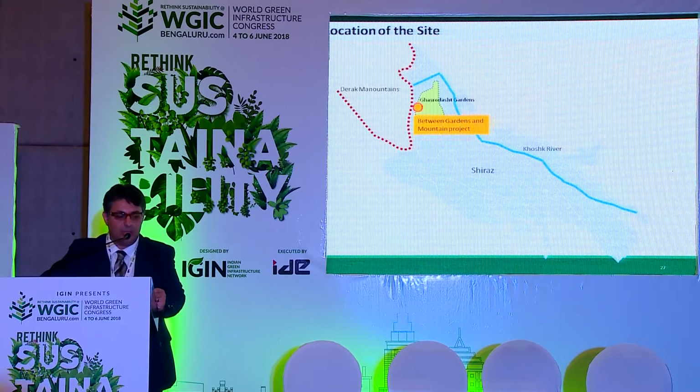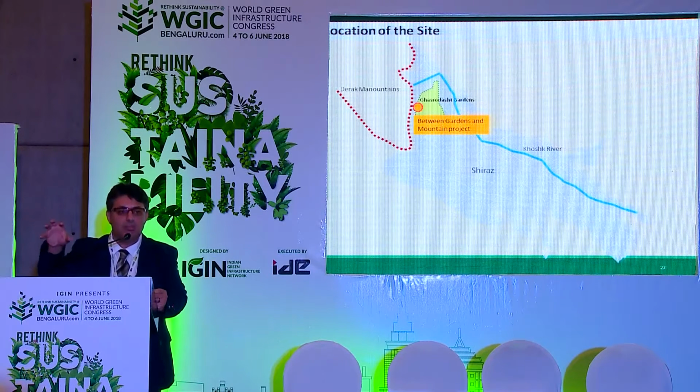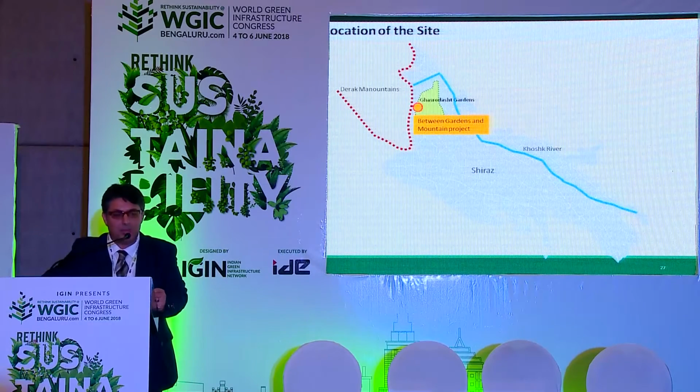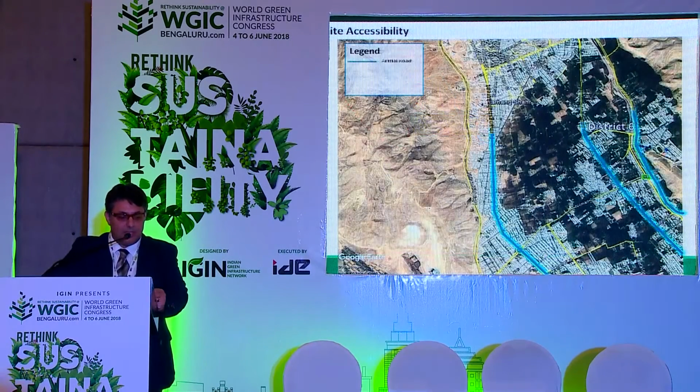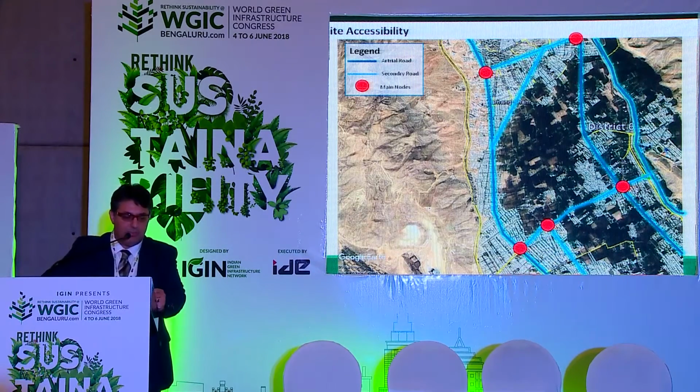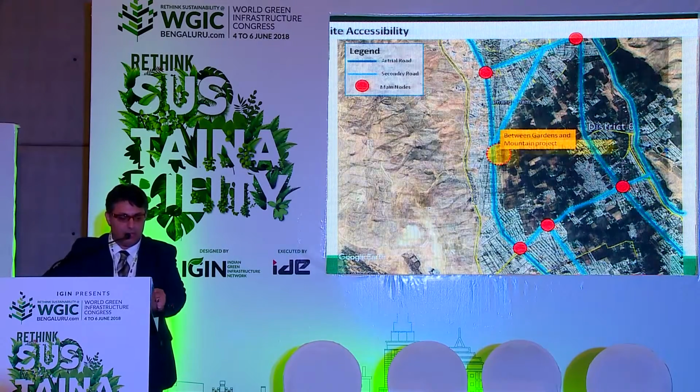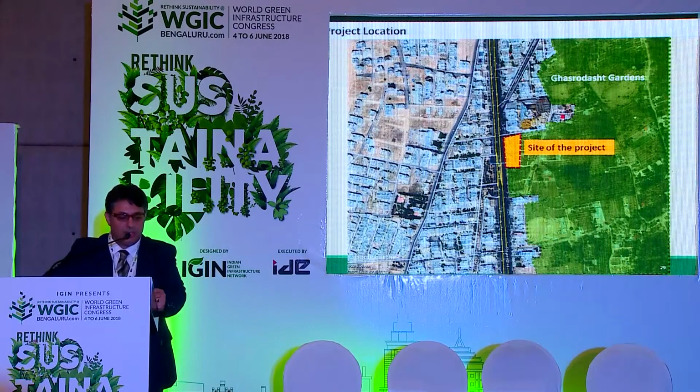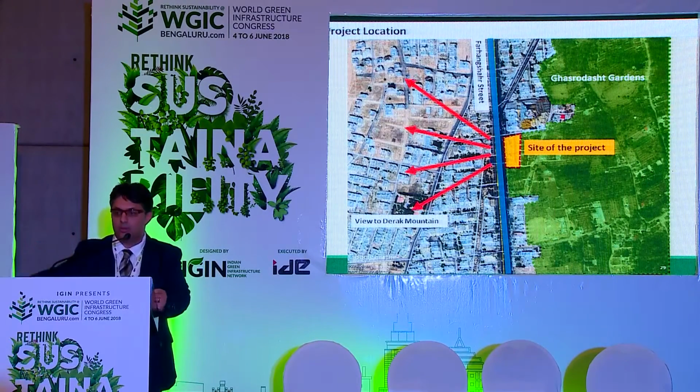So this project is located between garden and mountain, and the name is Garden Mountain, exactly the name of this project. The site is just beside the arterial road, and there are very main nodes and an intersection just close to that one. The site of the project is located here. This is the garden, and the site looks over to the mountains.